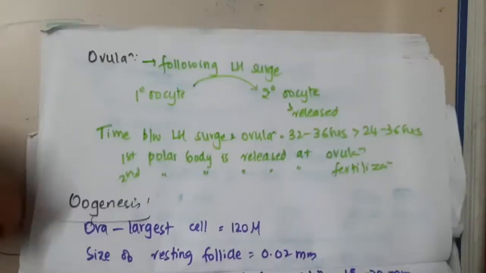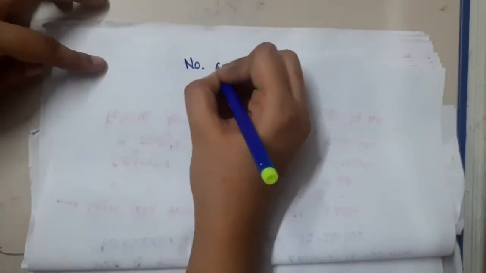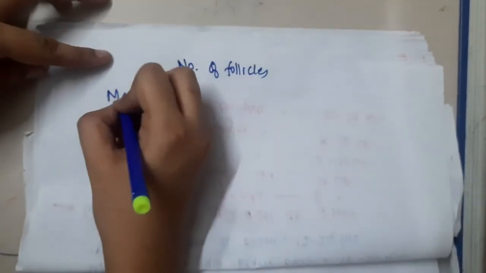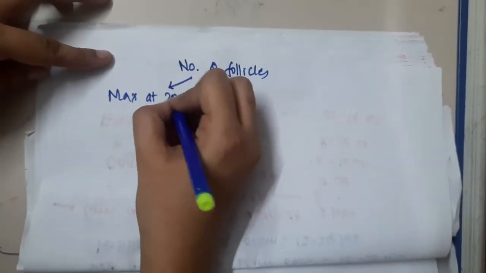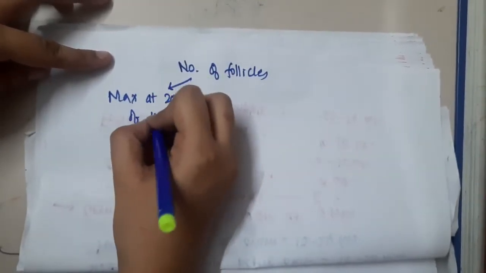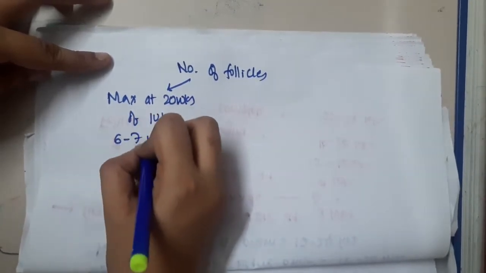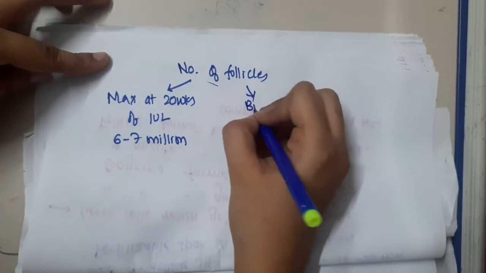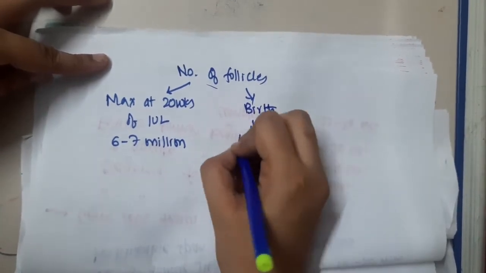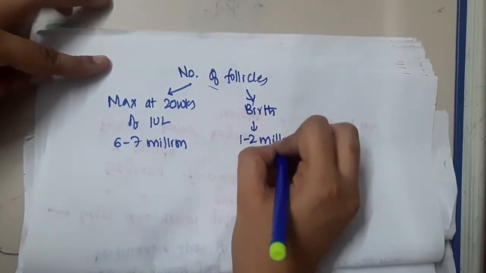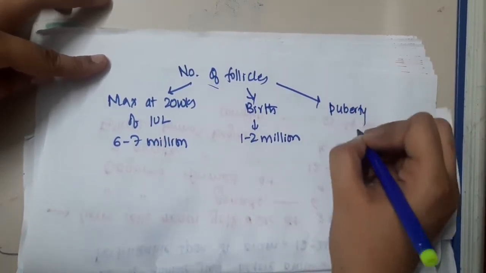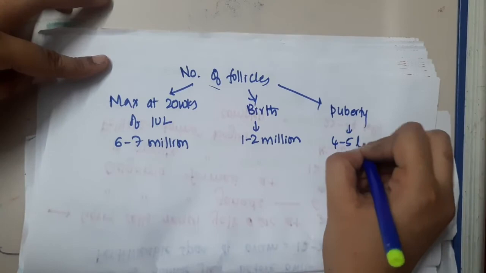Next, the number of follicles. These are maximum at 20 weeks of intrauterine life, that is around 6 to 7 million follicles. At birth, 1 to 2 million follicles are present, and at puberty, around 4 to 5 lakh follicles.